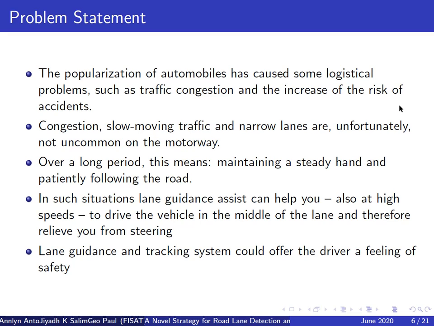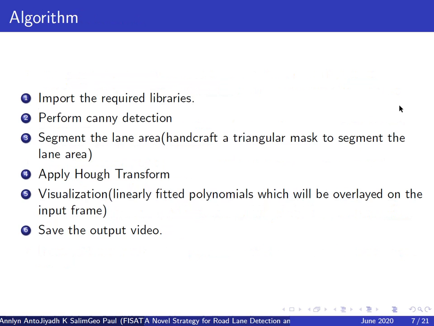Congestion, slow-moving traffic and narrow lanes are unfortunately very common on our motorway. Over a period of time, this means maintaining a steady hand and patiently following the road. In such situations, lane guidance assist can help you. Also, at high speeds it drives the vehicle in the middle of the lane and therefore relieves you from steering. Lane guidance and tracking system could offer the driver a feeling of safety.